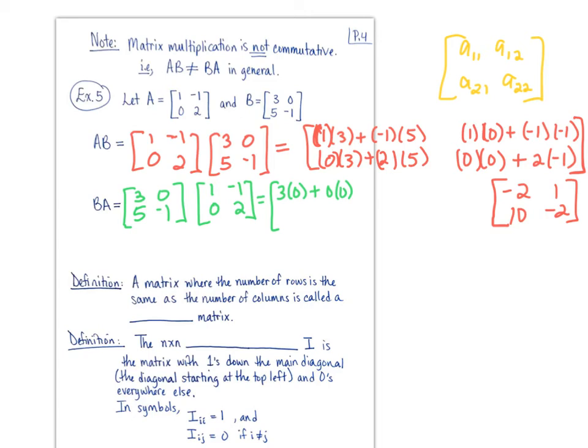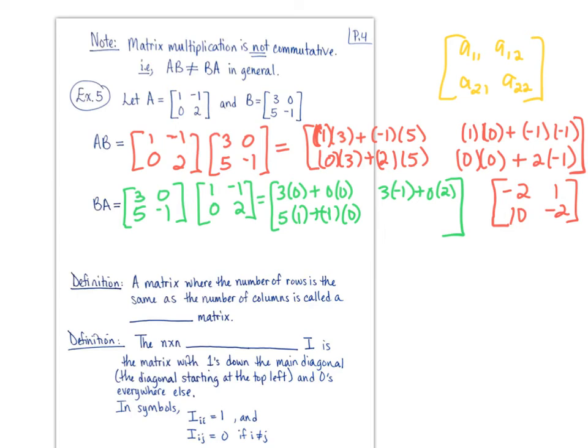Then in our 1, 2 entry, first row, second column, we're going to have 3 times -1 plus 0 times 2. And then our 2, 1 entry, second row, first column, is 5 times 1 plus -1 times 0.